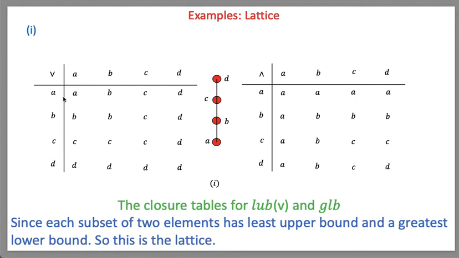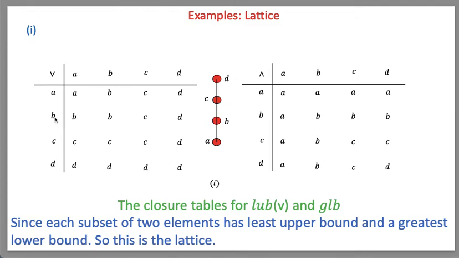We know that least upper bound is denoted by join. It means A join A is equal to A. Least upper bound of A and A is A. Least upper bound of A and B is B. Least upper bound of A and C is C. Least upper bound of A and D is D in this diagram.